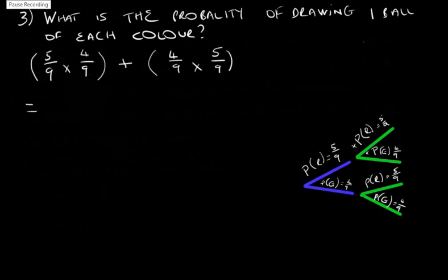So the probability of drawing a red ball and then a green ball is 5 over 9 times 4 over 9. But we could also draw a green ball first, followed by a red ball. And that probability is 4 over 9 times 5 over 9. We need to add this together to find out the probability of this happening. That gives us 20 over 81 plus 20 over 81, which is 40 over 81.